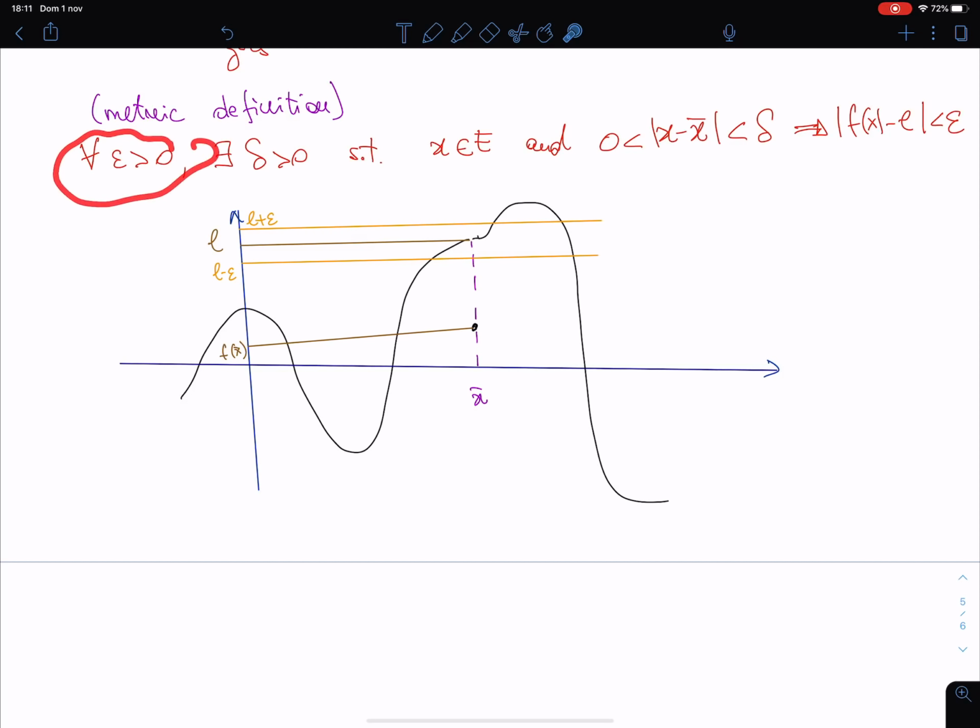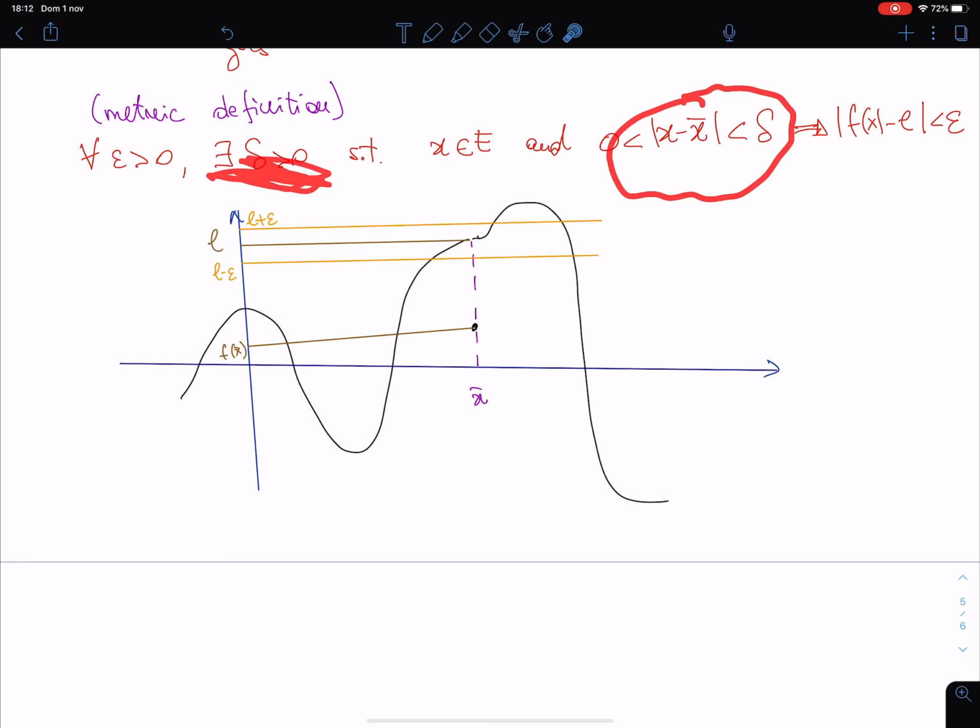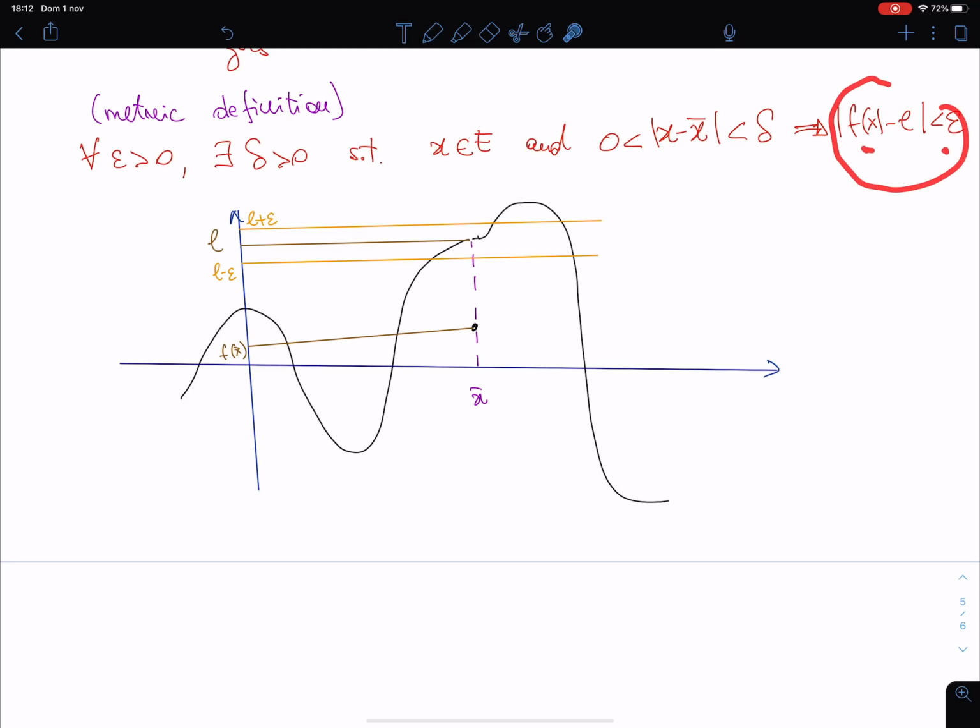For every epsilon, so in particular for this epsilon here, there exists another number delta, such that if I am delta close and not x bar, then f of x is epsilon close to L, which means that there must be a spherical neighborhood of x bar, such that the points f of x corresponding to the x in these spherical neighborhoods fall into the horizontal stripe.